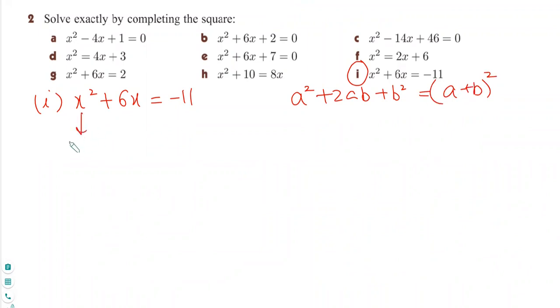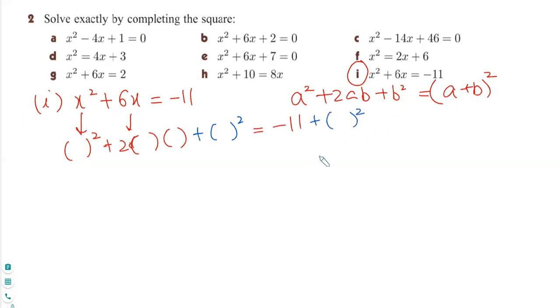So this term should be written in the form of a square. And what about the second? Obviously 2 times ab. Third term is not present here, so I'm adding the third term, plus b square. Similarly, on the right-hand side, I add the same term, that is b square, right? Because this is an equation, we have to do the operation on both sides.